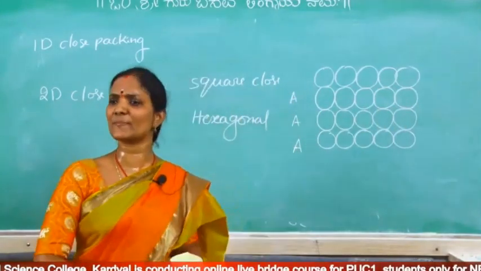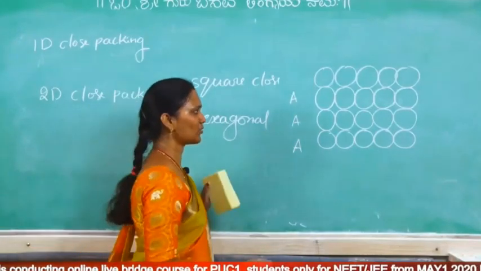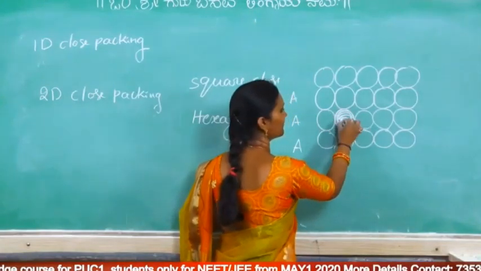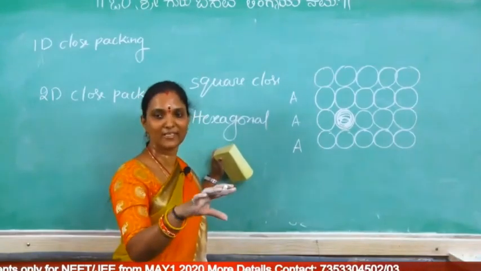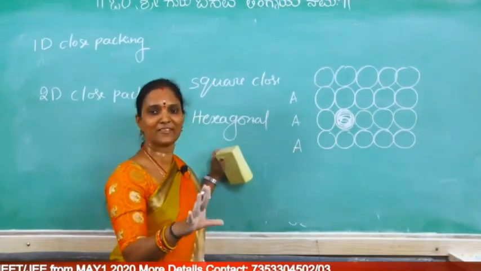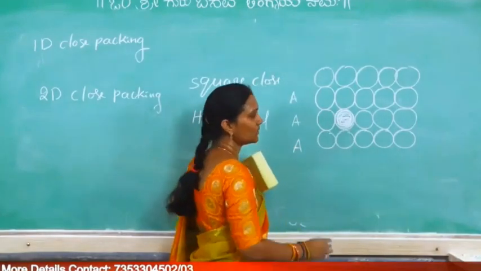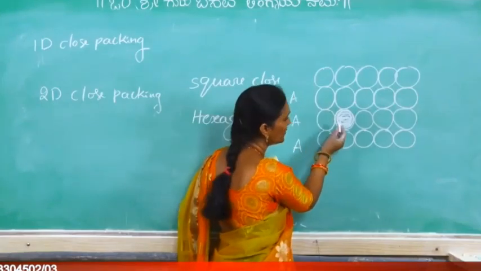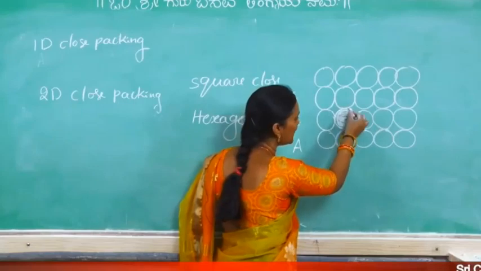Why is it called square close packing? Now, for example, I am taking this sphere. In your notes, just click that link, there are color diagrams given. Now this is one sphere. Is it in close contact with this? No. With this? This side also, this side and this side.